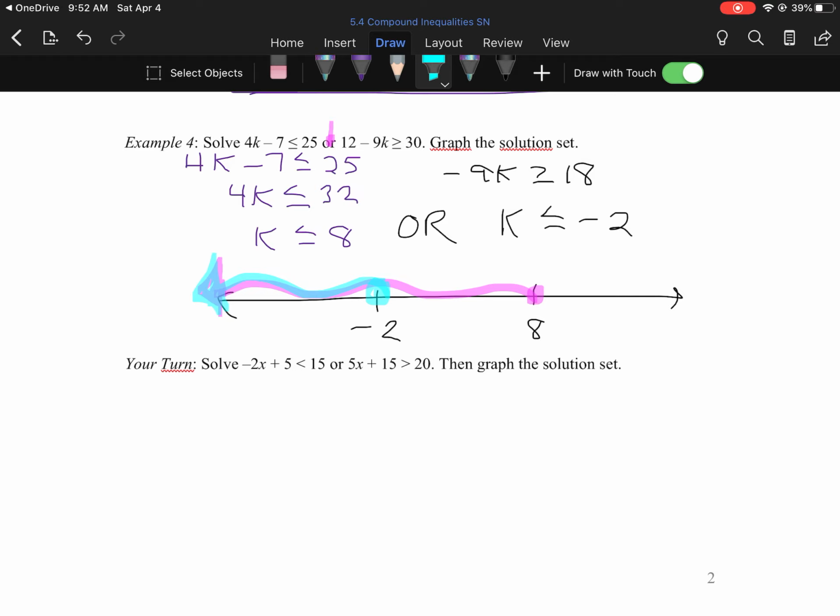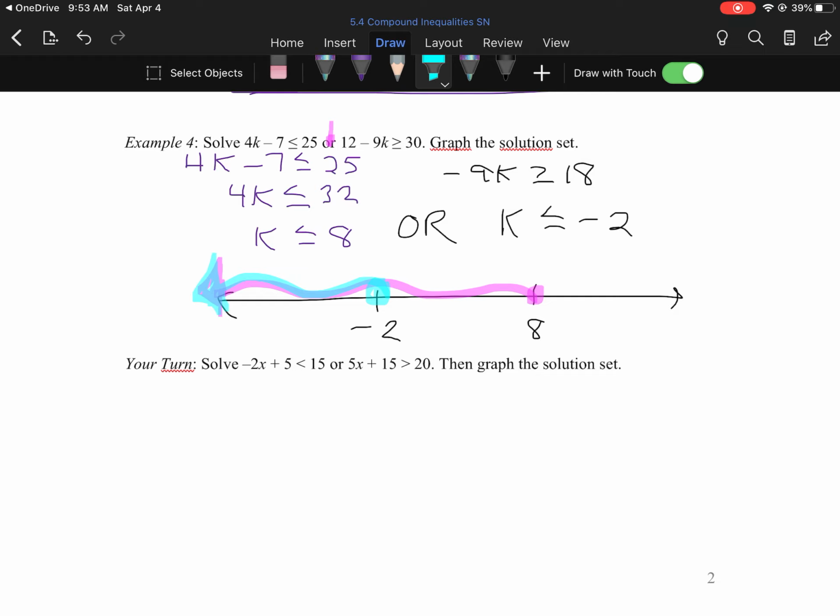Now, if this were an and statement, my final answer would just be from negative 2 to the left because that is the region that both of them are shaded. But since it's or, looking at this right here, this is my answer. Technically, it would be anything from 8 to the left, because the negative 2 is also included in there.